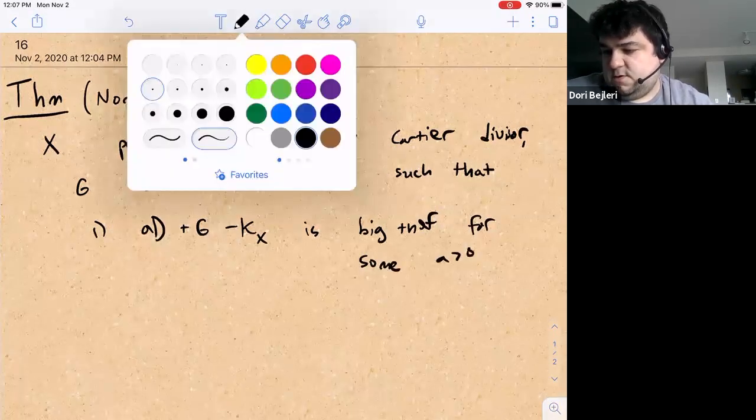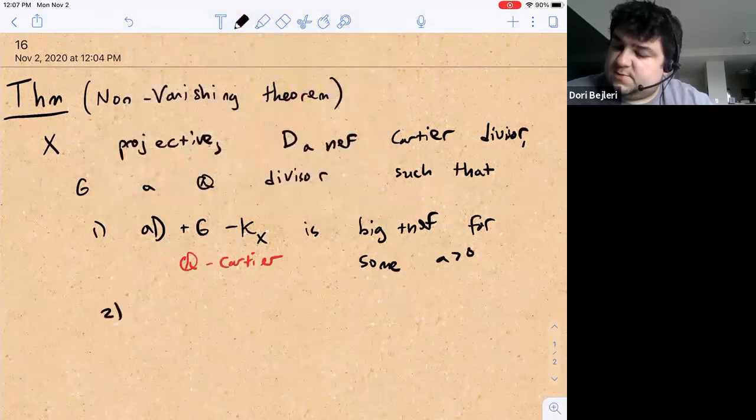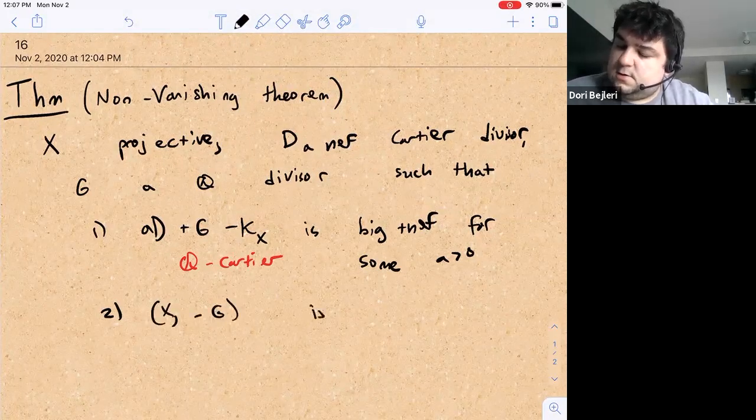In particular, we're assuming here that it's Q-Cartier. And two, let's suppose that the pair (X, minus G) is KLT.